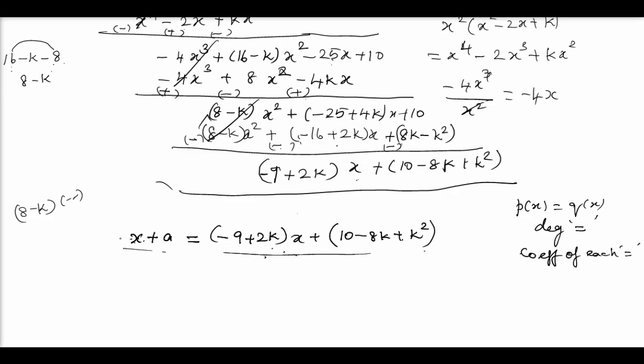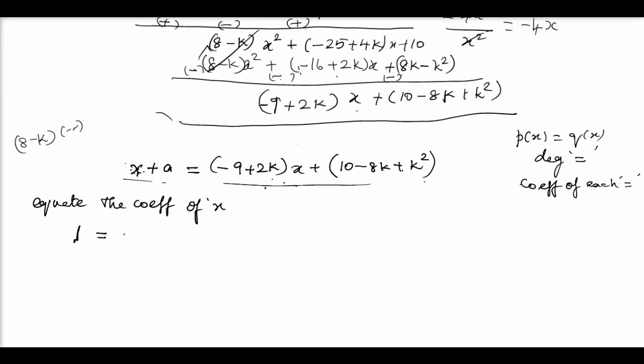Now we'll relate the coefficients. Here the coefficient of x is 1. So I'm going to equate the coefficients of x from both sides so that I get 1 on the left hand side, and on the right hand side I have minus 9 plus 2k. So I can say 2k equal 1 plus 9, that is 10. So k equal 5. So we have got the value of k as 5.